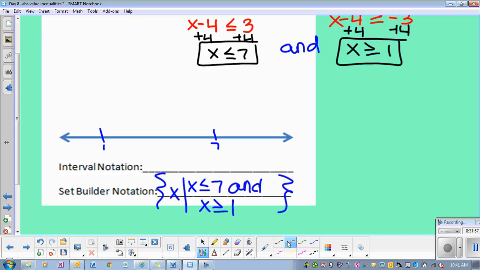X is greater than or equal to 1, closed. Less than or equal to 7, closed. And there we go. Okay? So this goes from, where does my graph start? 1 with the bracket because it's a closed circle, all the way up to 7 with a bracket because it's a closed circle. Okay? Questions?